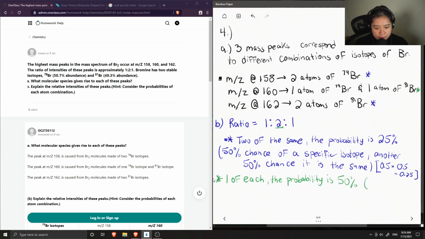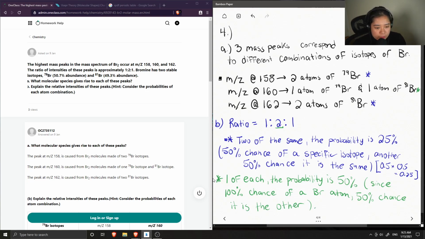And this is because we have a 100% chance of a bromine atom, and then we have a 50% chance that it is the other, the opposite one.